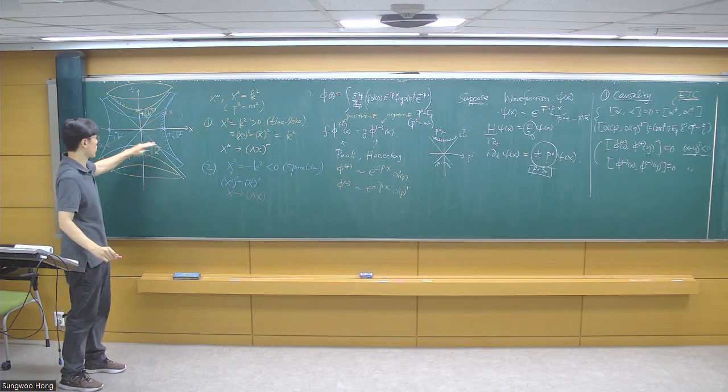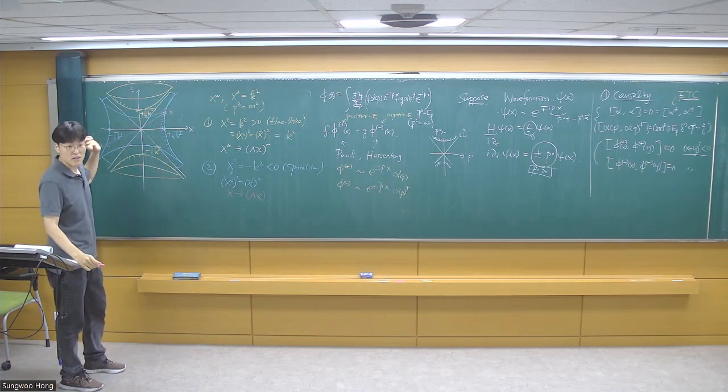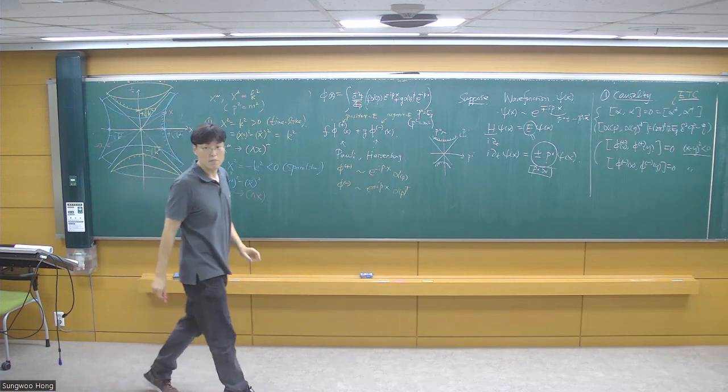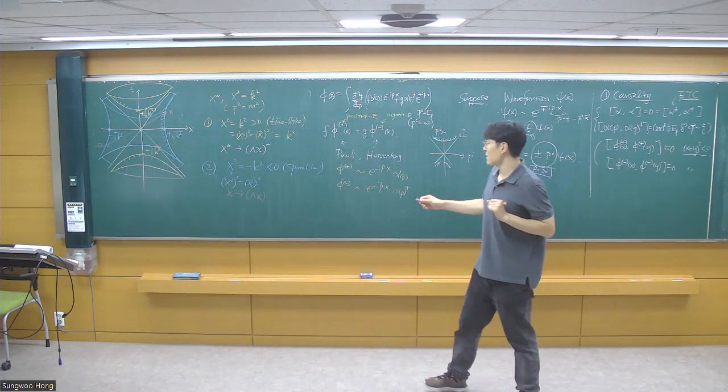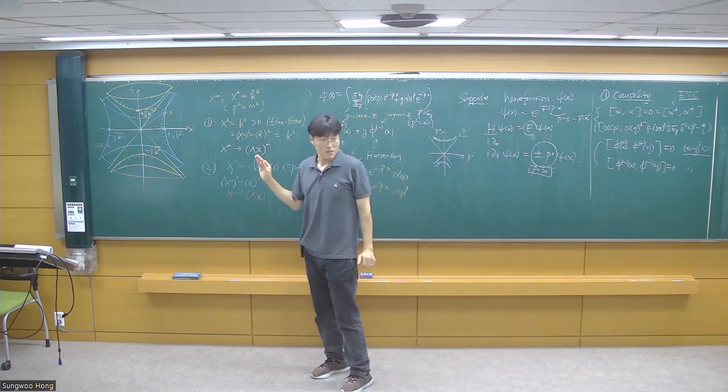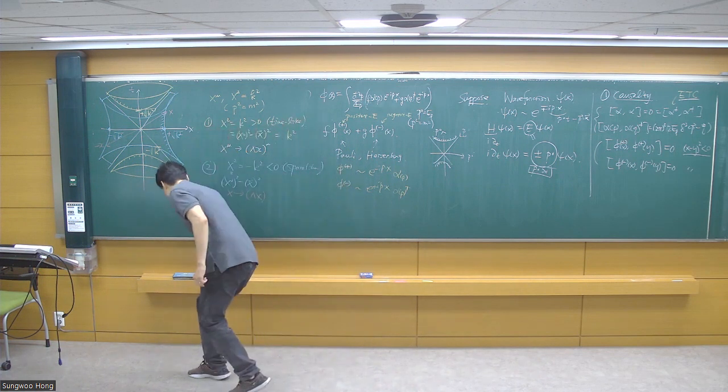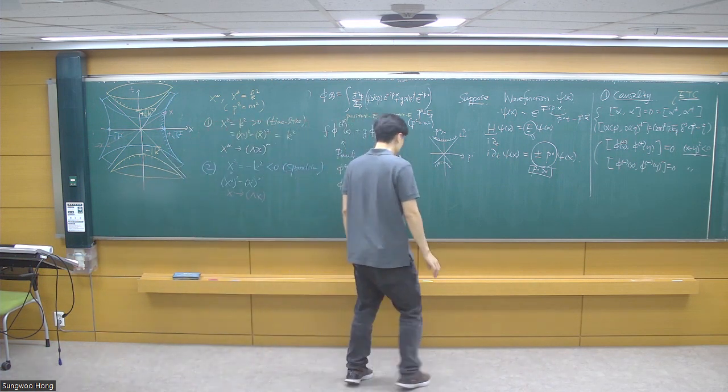Because that's on the same hyperboloid. So for a space-like separated point, x can always turn into the minus x point. But time-like one, you can never do that. You got it? Good. Now we're going to make use of it immediately. Let's do it.